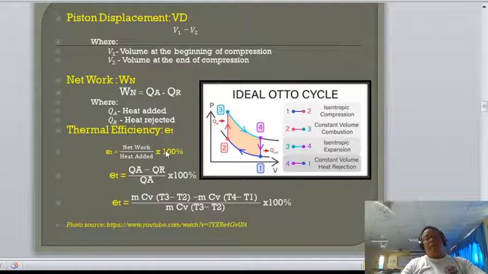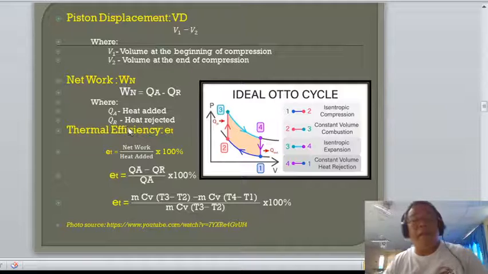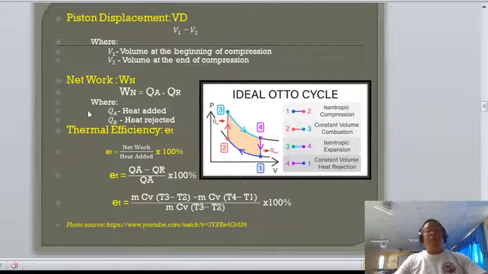Another, we have the so-called piston displacement. If we take a look at the PV diagram again, the difference between the volume at 1 and the volume at 2 is of course the so-called piston displacement.